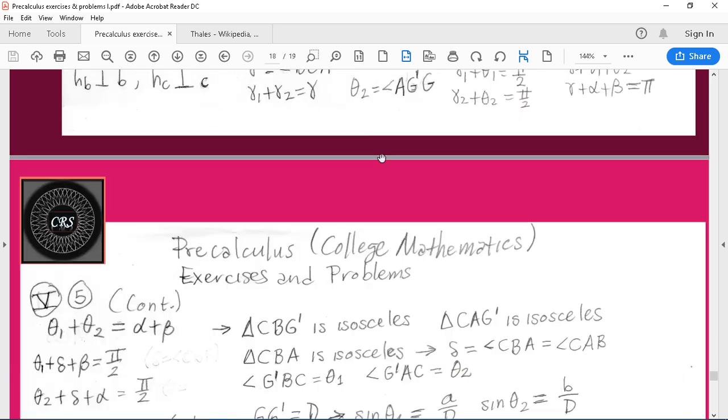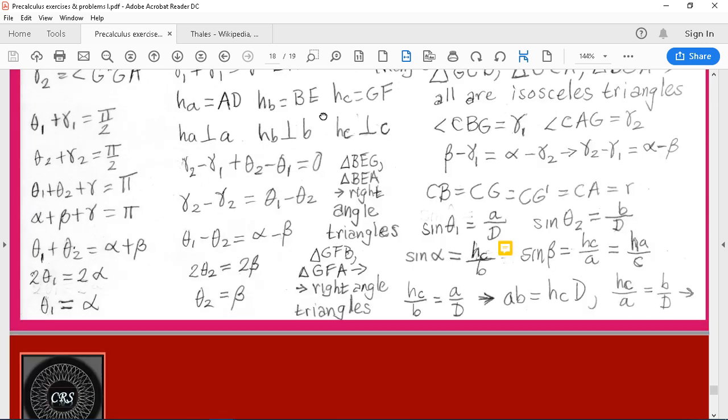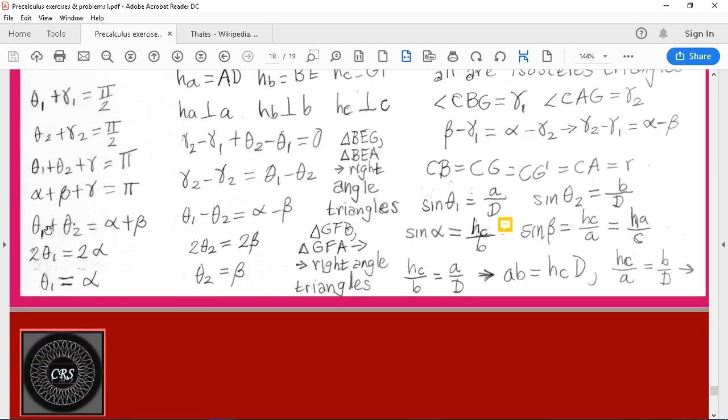Okay, so let's summarize the equations we had already obtained in the other two previous videos. We had one relationship that was theta 1 plus theta 2 equals alpha plus beta. The other relation was theta 1 minus theta 2 equals alpha minus beta.